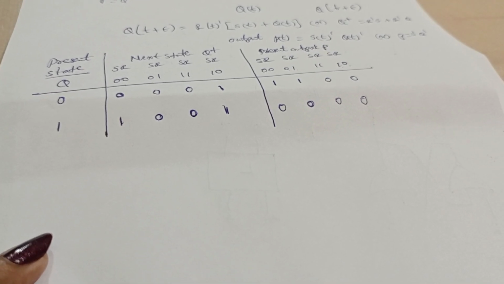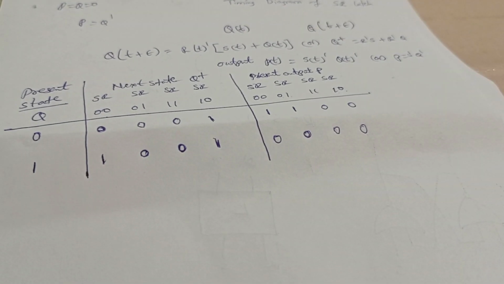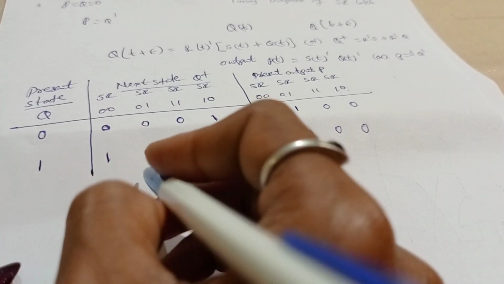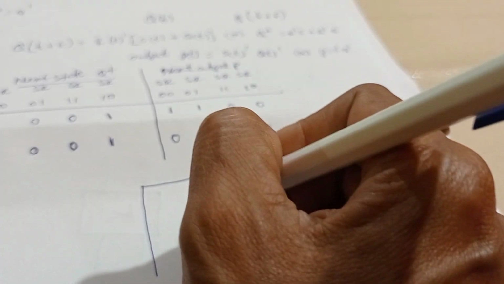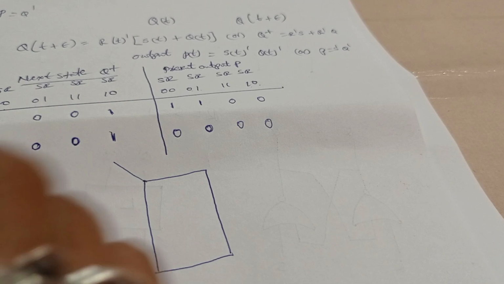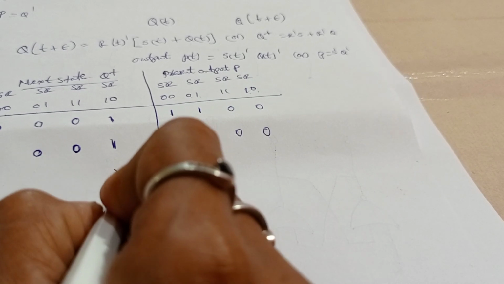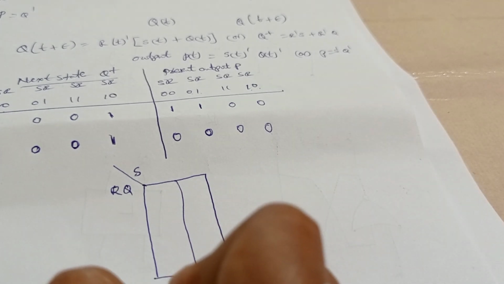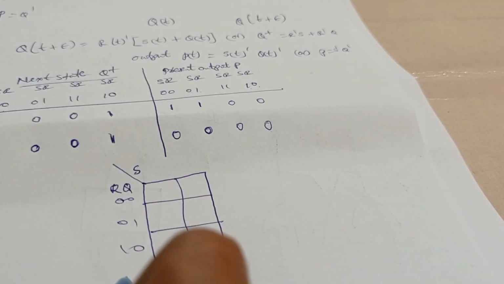Q plus is nothing but the next state. So now we'll construct the next state equation by using the K-map. Now take the variables S, R and output Q. S, R, Q. 0, 0, 0, 1, 1, 0, 1.